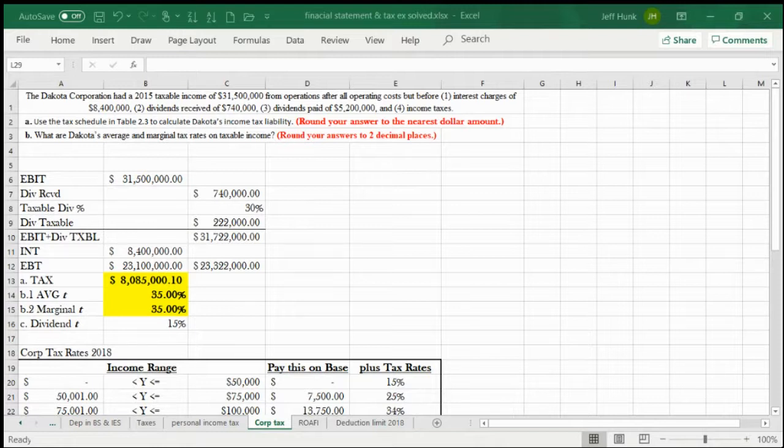That example is the one in our slide, or also in the textbook. I just did it on Excel.